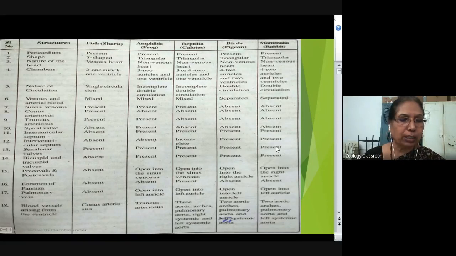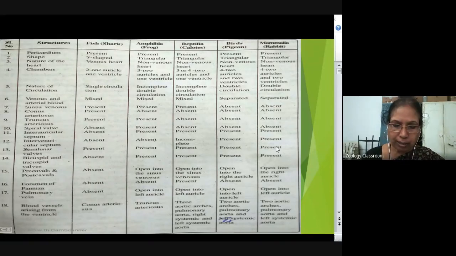Conus arteriosus is present in fish and amphibia. Conus is absent in lizard, pigeon and rabbit. Aortic arches: in fish, 5 pairs of aortic arches; in amphibia, the truncus arteriosus divides into right and left, with common carotids, systemic and pulmocutaneous arches.